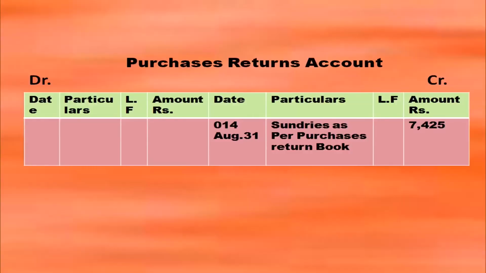Then you have to open purchases returns account also. Name of the supplier's account will be opened, then purchases returns account will be opened. And on the credit side you will post by sundries as per purchases returns book. Date and amount in the respective columns.